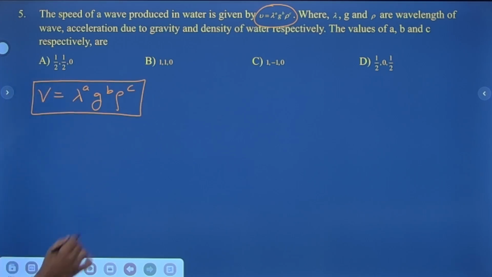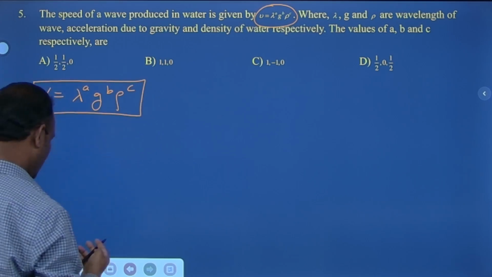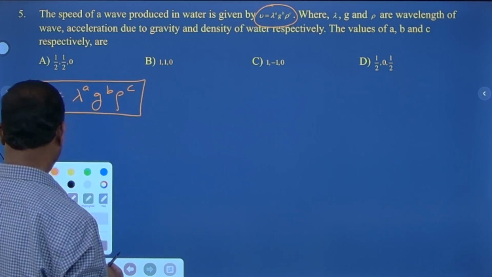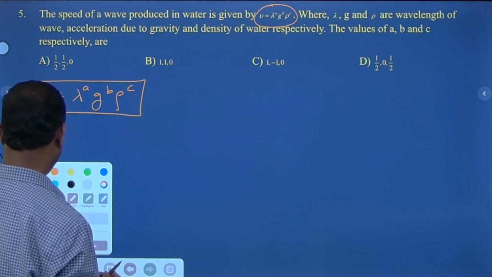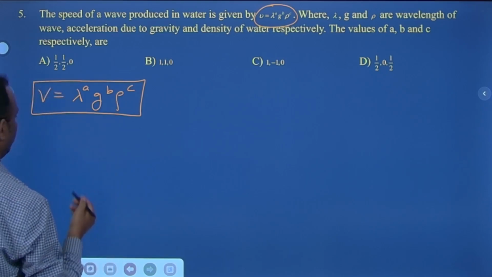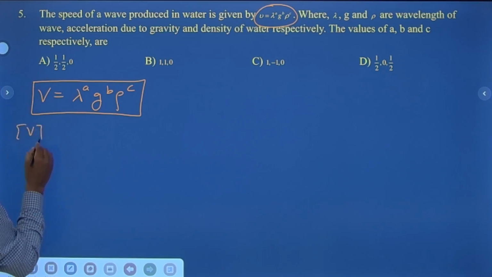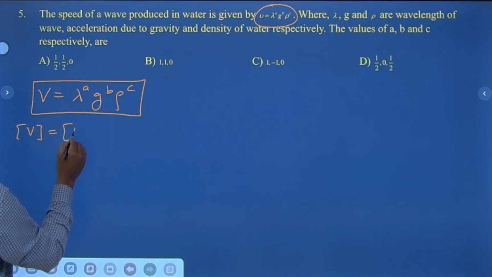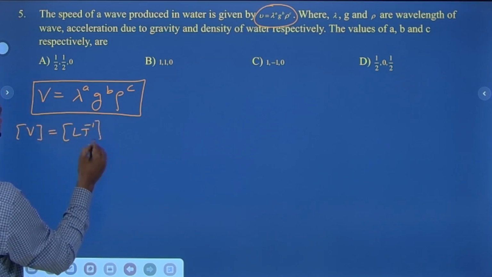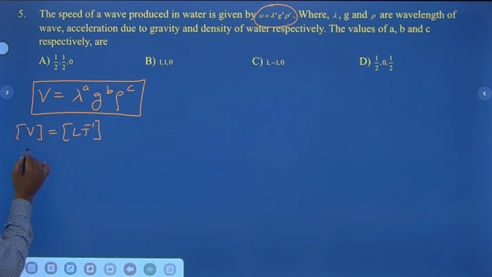So the next step is to write the dimensional formulas. The dimensional formula of speed is LT inverse.